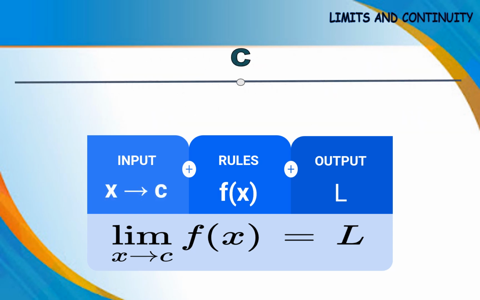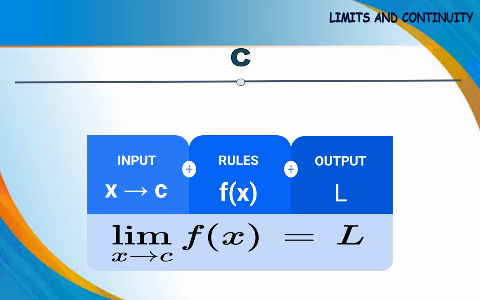We can use the number line to better understand visually what the limit of a function is all about. The c that you can see here is the constant number, which will serve as the anchor, the basis for choosing the value of the variable input x approaching the value of the constant c.